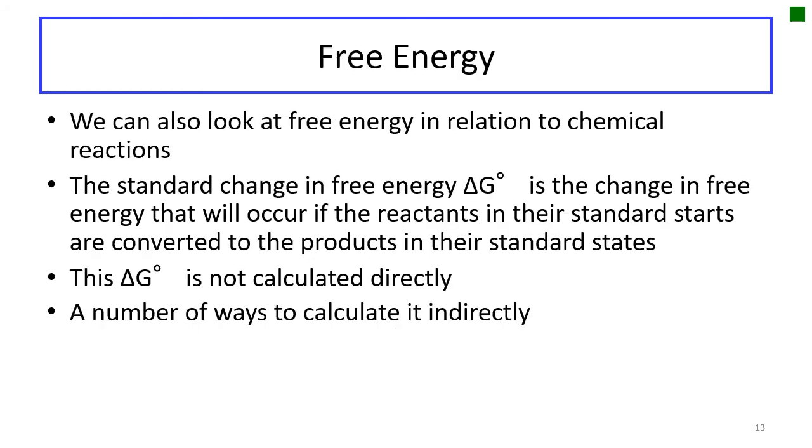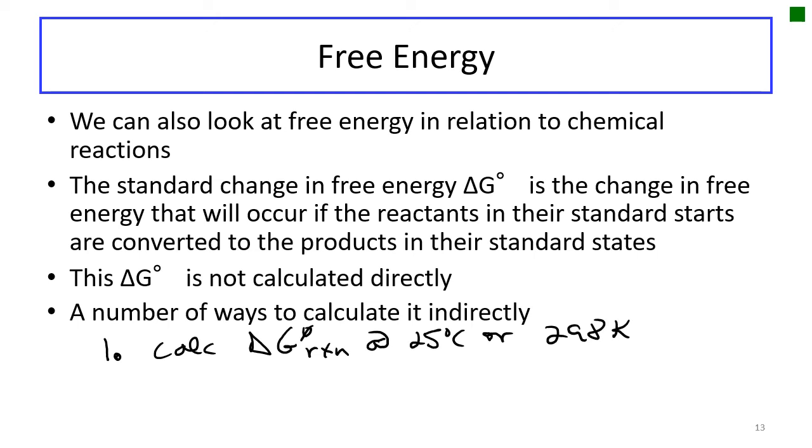So there are a couple of ways of doing this. One, we can calculate delta G naught for a reaction, and we can do this at 25 degrees Celsius or 298 Kelvin. And we can do that because these values are also on the charts.